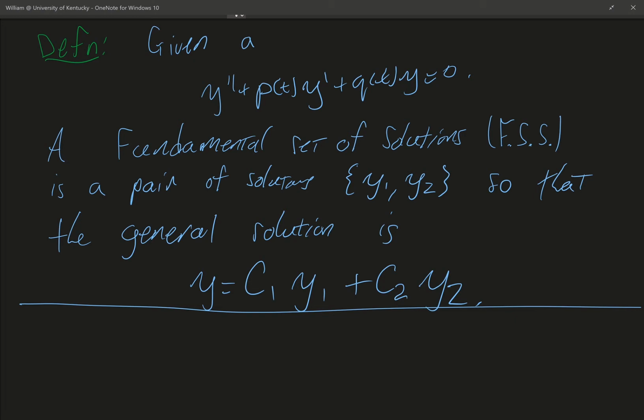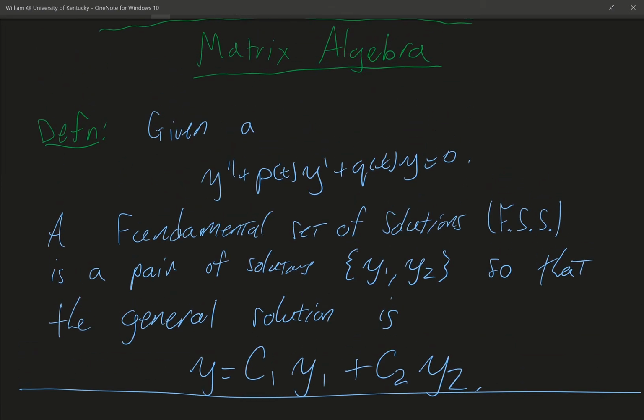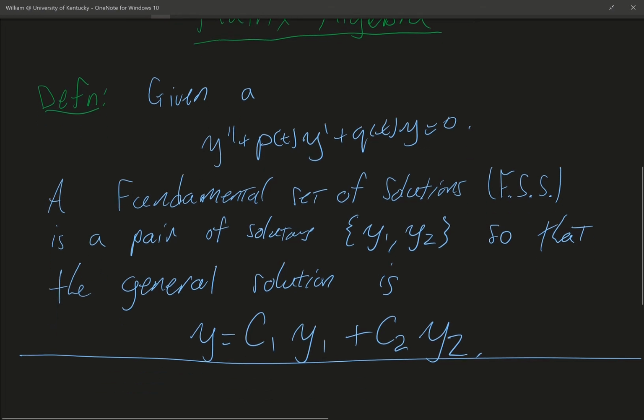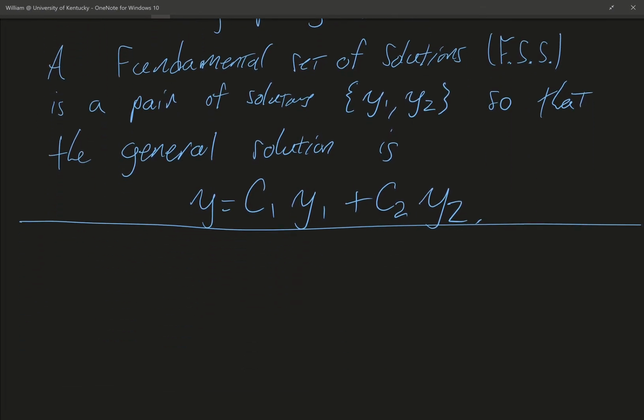So this is going to make solving these equations a lot easier, because if we can just find two solutions that are sort of different enough, then we can be sure that we have everything. So how are we going to go about this? Well, as I mentioned, we're going to have to do some matrix algebra. Specifically, we're just going to look at the basics, 2x2 matrix algebra.